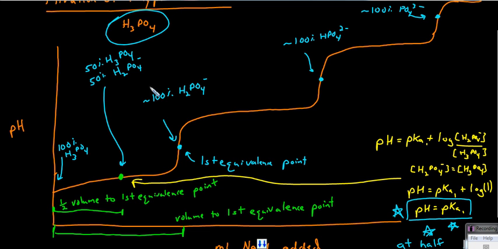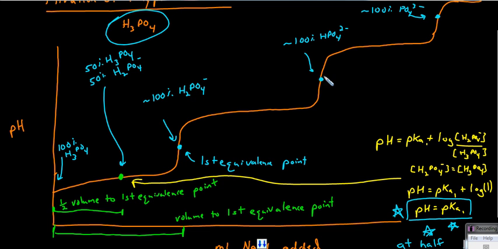Now, what do you have in terms of concentrations of each compound at various points here? So initially, you have 100% phosphoric acid. Starting just with phosphoric acid, you have just that. But after you've added enough hydroxide just to remove all of the first proton, at that first equivalence point, you should have about 100% of the dihydrogen phosphate.